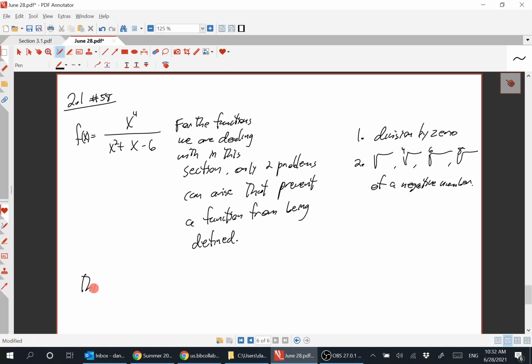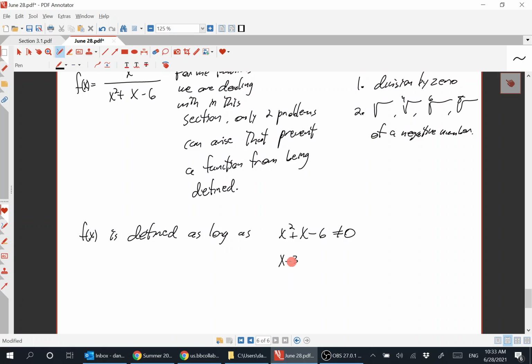So f of x is defined as long as x squared plus x minus 6 is not 0.